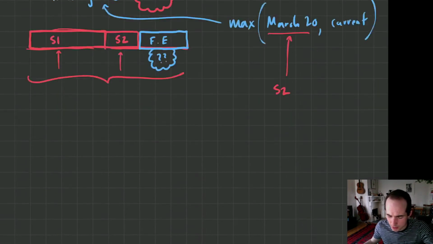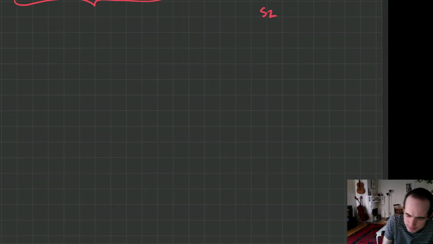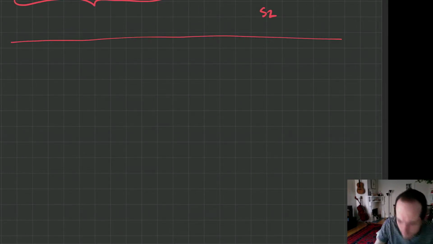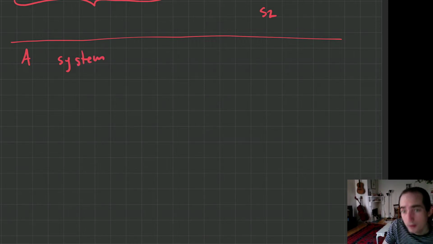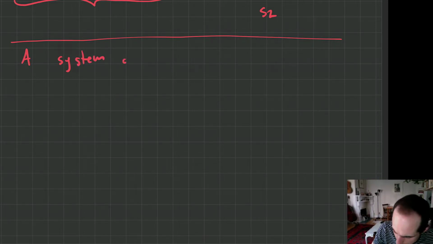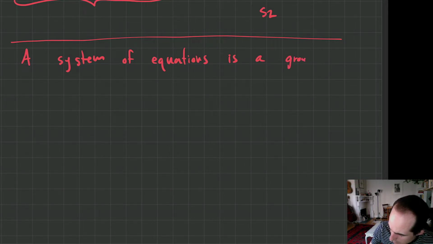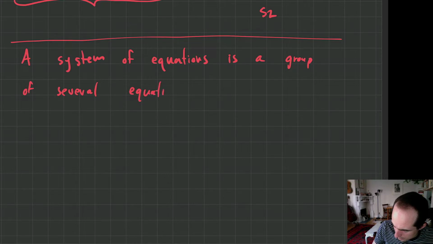Okay, so first let's talk about what a system of equations is. A system of equations is a group of several equations, okay?